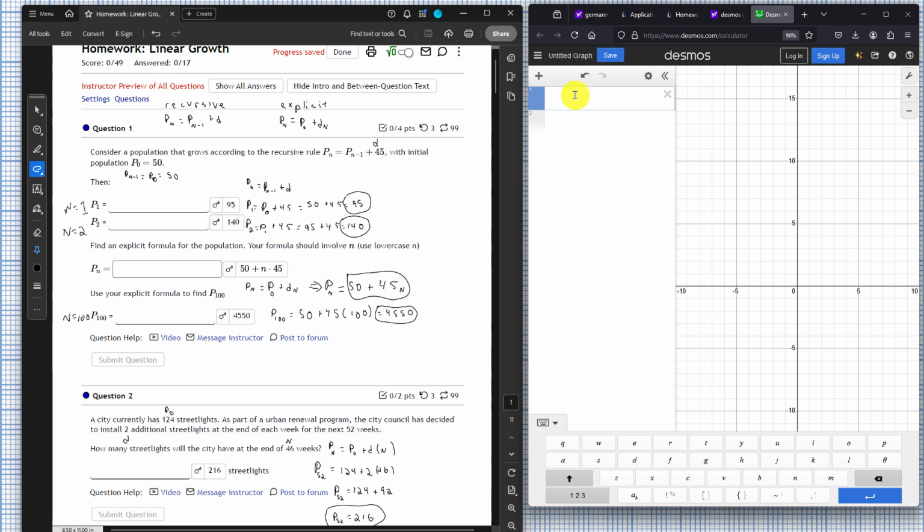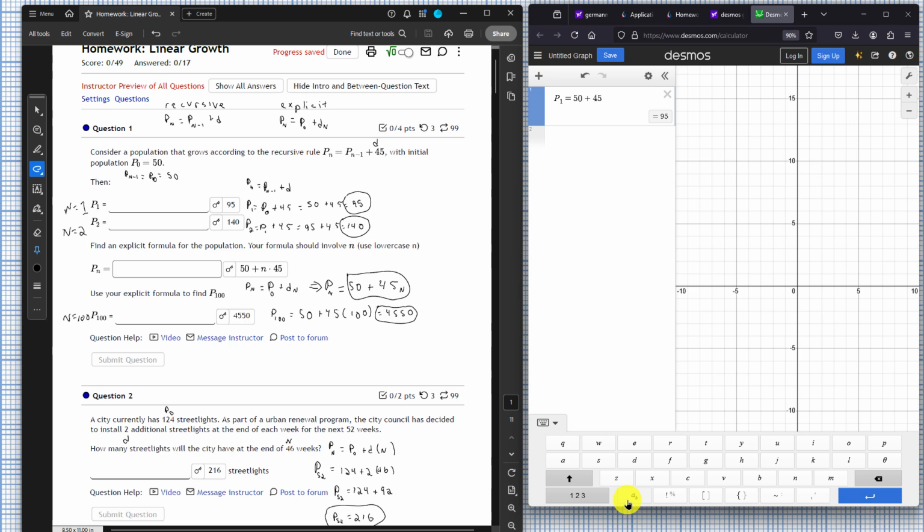So I come up here and I type P, and I can put a subscript here, and I can say P sub 1 is equal to, then use the right arrow key. And then I can go ahead and put equal sign, and then I'll have here 50 shift plus 45, and it gives me the answer there.